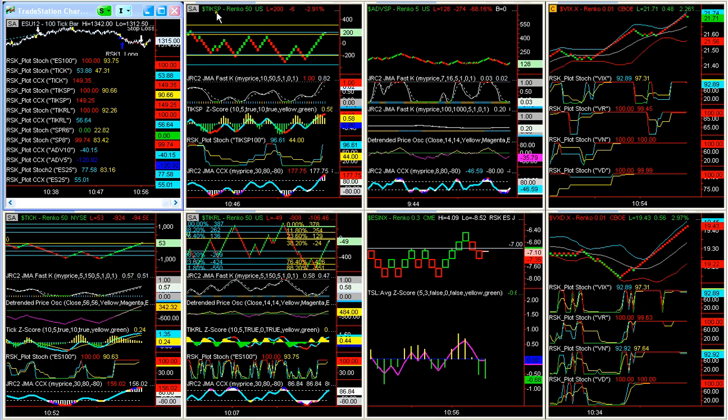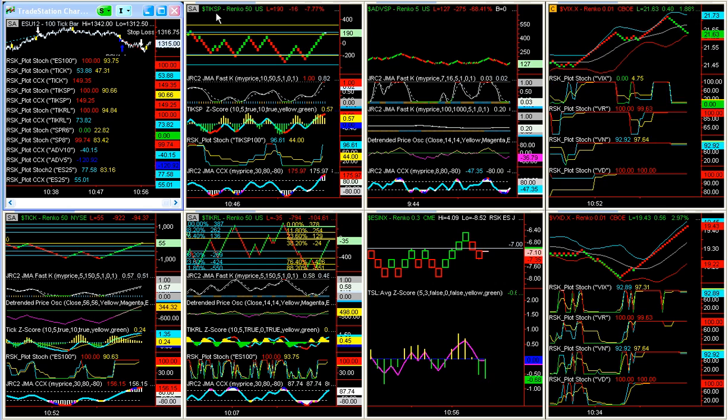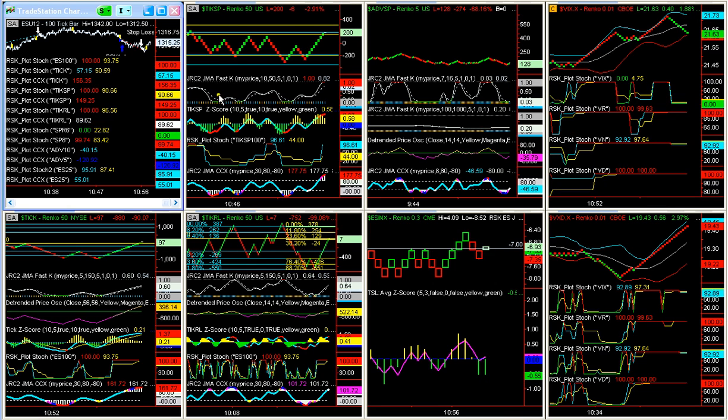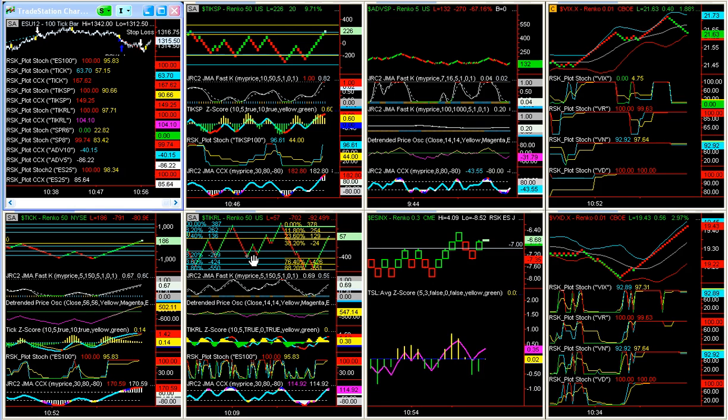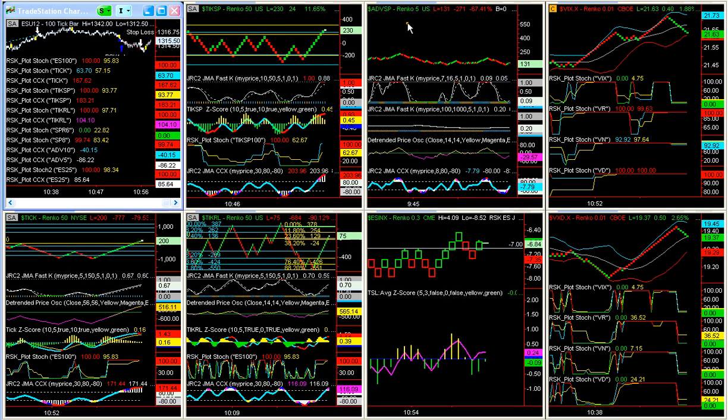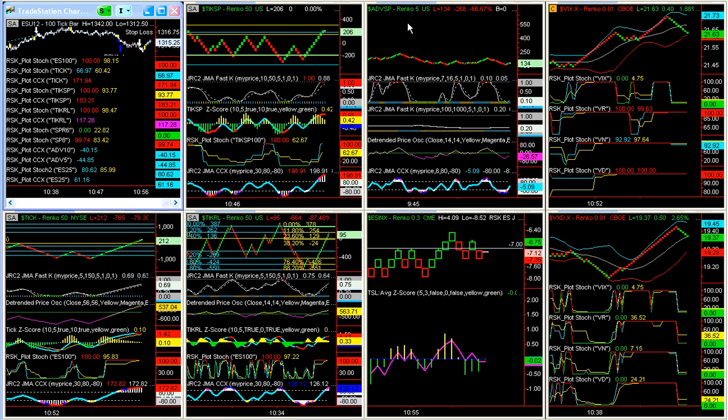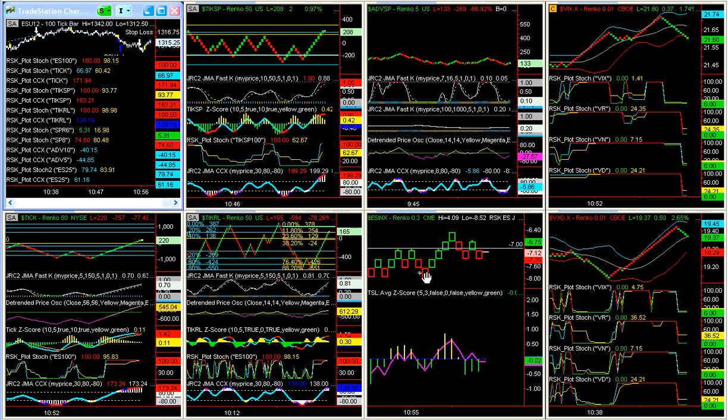Chart number three is the tick of the S&P. Chart number four is the tick of the Russell. Chart number five is the advancing issues of the S&P. Chart 6 is the ESINX E-mini premium.